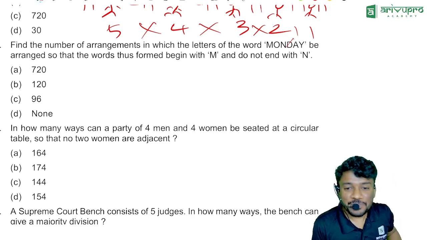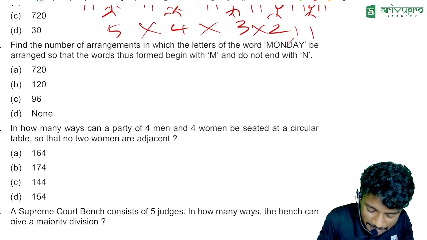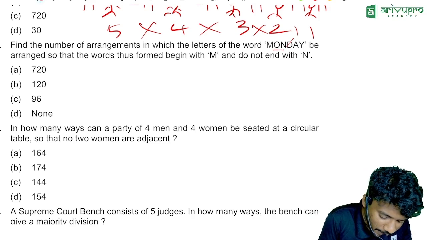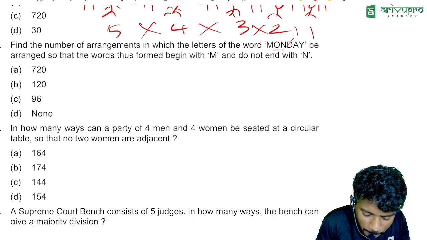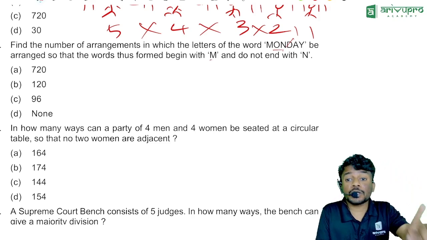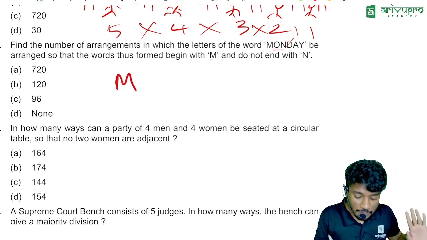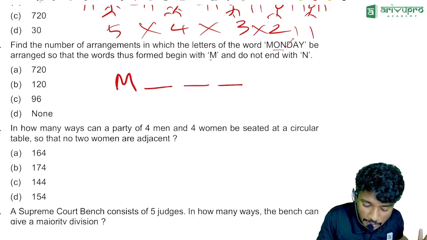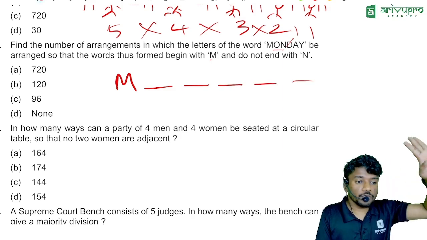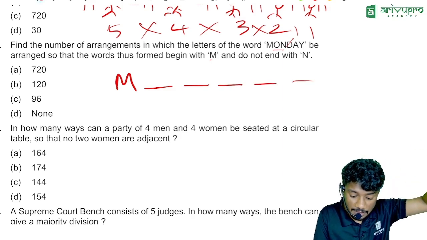Yes, look at the question. Find the number of arrangements of the letters of the word Monday so that the words thus formed begin with M and do not end with N. So, M is the beginning letter, right? So, how many places are remaining? 1, 2, 3, 4, 5. 5 places are remaining.